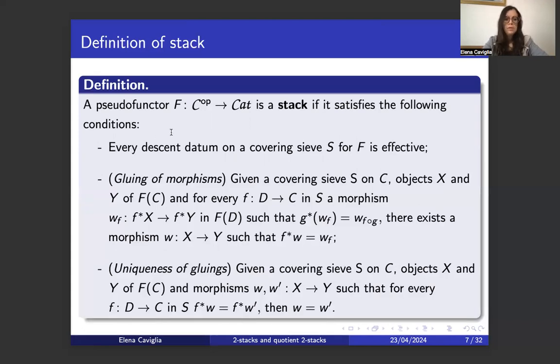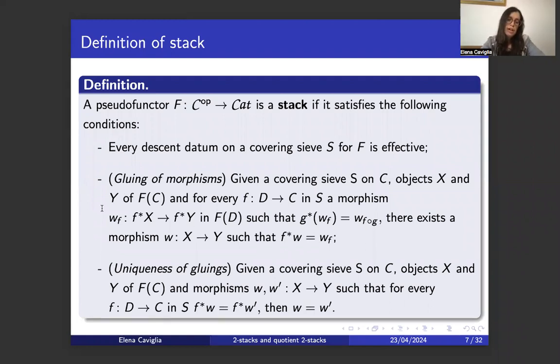And we say that a pseudo-functor F is a stack if it satisfies these three conditions. So the first one is that every descent datum on a covering sieve for F is effective. So they are all effective. And the other two conditions put together are saying that F is a sheaf on morphisms.